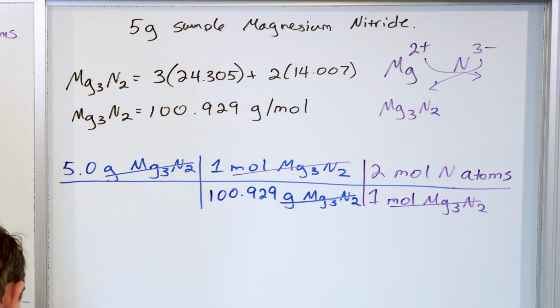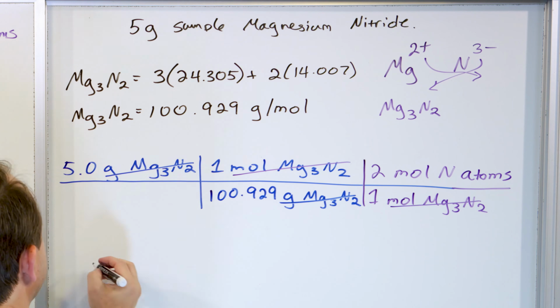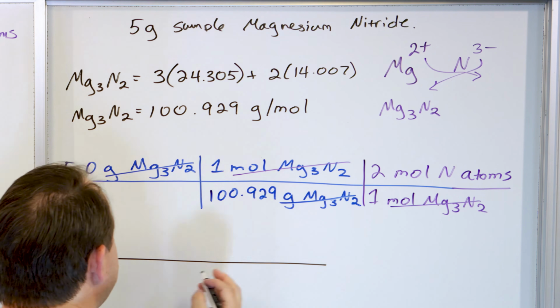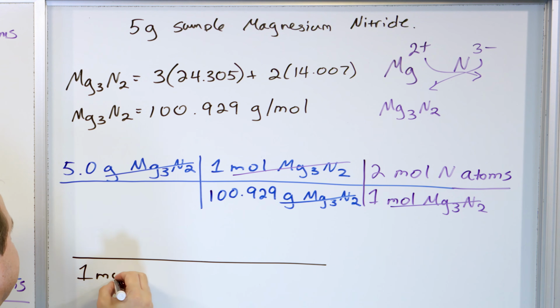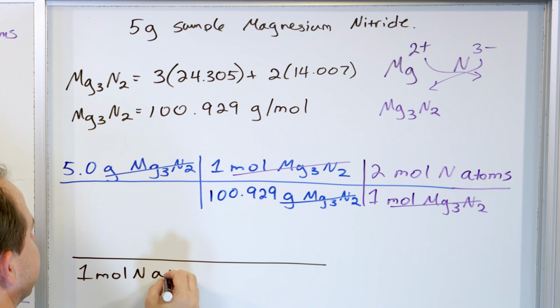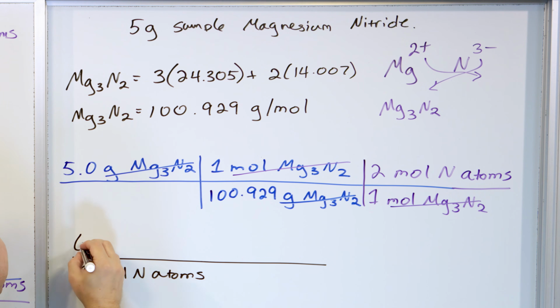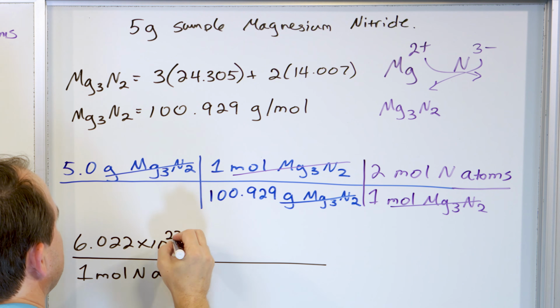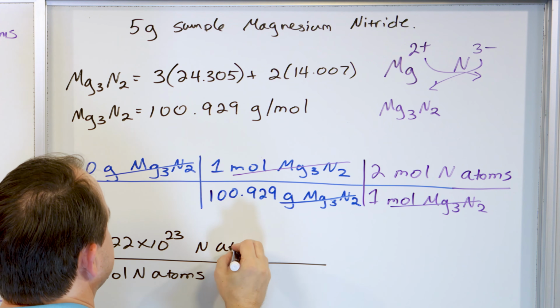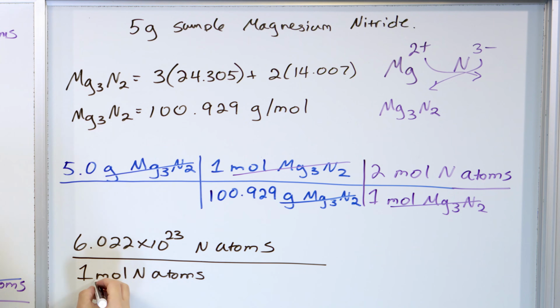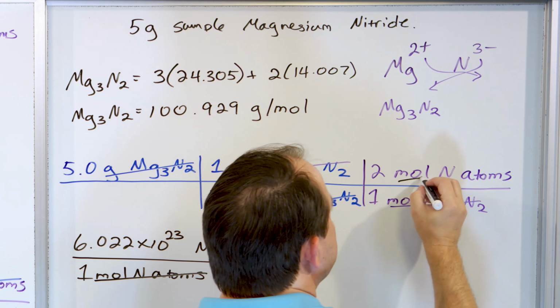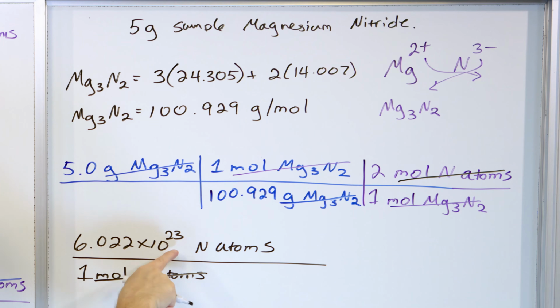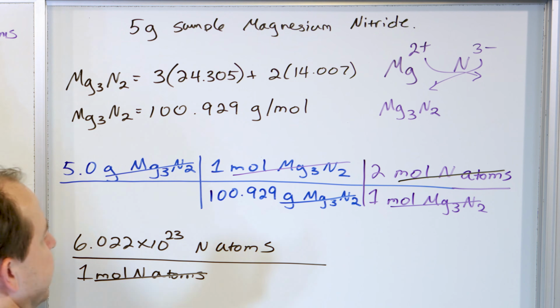But we don't want to know the number of moles. We want to know the actual number of atoms. And so what we say is that in 1 mole of nitrogen atoms, that's the same thing as 6.02 times 10 to the 23rd nitrogen atoms. So the moles of nitrogen cancel with the moles of nitrogen, and the unit left over is just the actual number of nitrogen atoms.